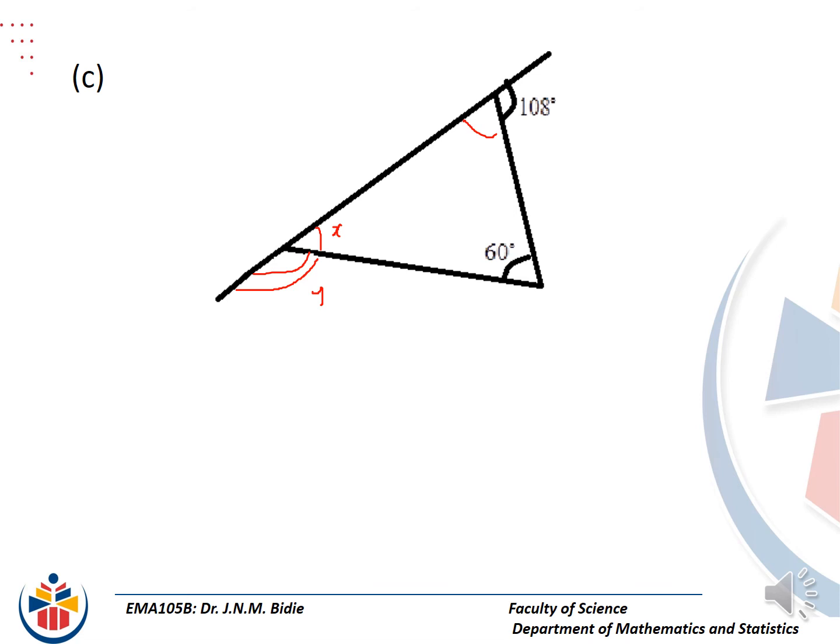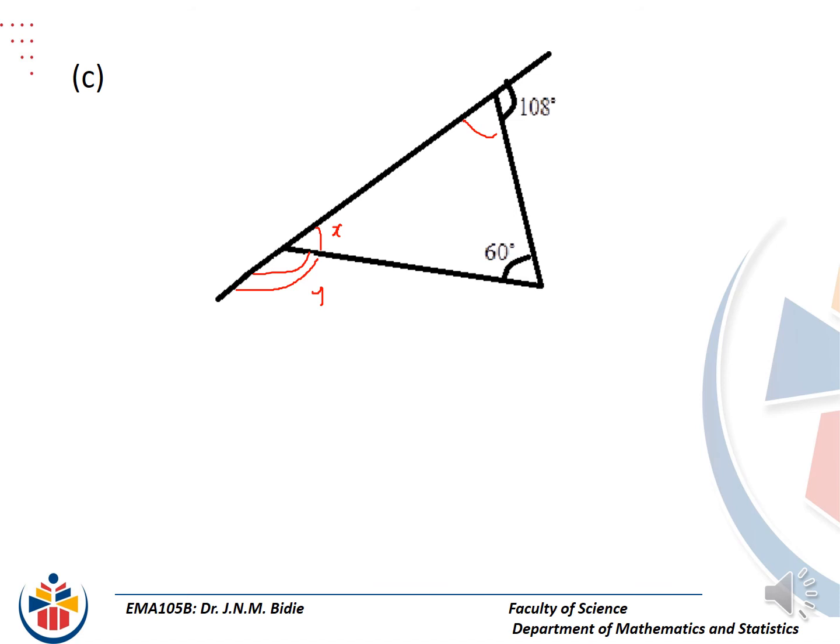And then we can use the angles on a straight line. That means we'll have 180 minus 48, giving us 132 degrees. So Y is 132, X is 48 degrees.